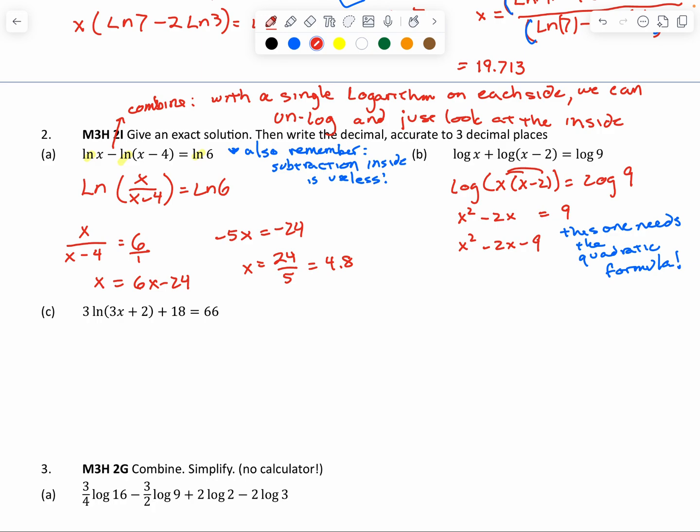So opposite of b, plus or minus square root of b squared minus 4ac over 2a. Oh, that's a negative 9, and that makes it real. So 4 minus 36 is 4 plus 36.